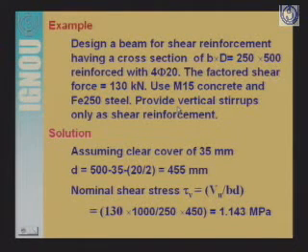The factored shear force is given as 130 kN, and it says to use M15 concrete and steel as Fe250, and to provide vertical stirrups only as shear reinforcement. So the shear reinforcement arrangement is also specified here, that vertical stirrups are to be provided.